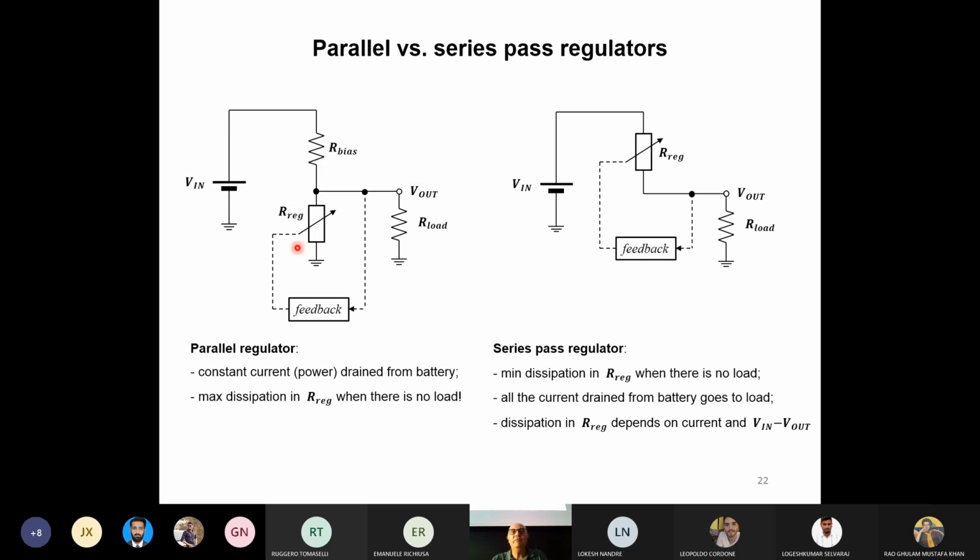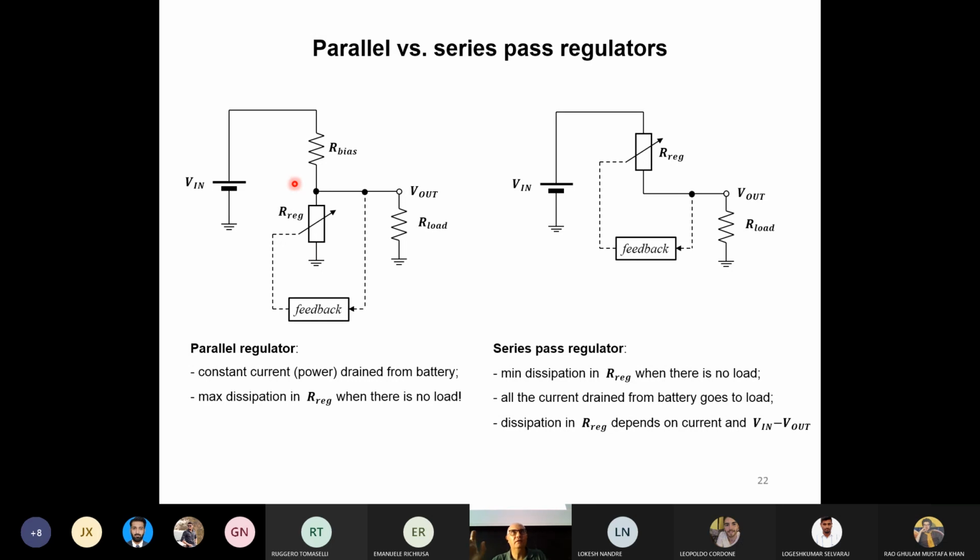Here I used a variable resistance that is controlled by a feedback system. The feedback system checks the output voltage, and if it doesn't like it, it just changes the resistance of this regulator here in order to keep the output voltage constant. Basically, in a Zener diode, all this part is the Zener itself.